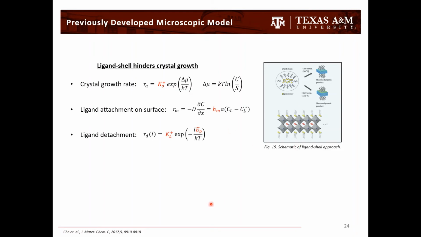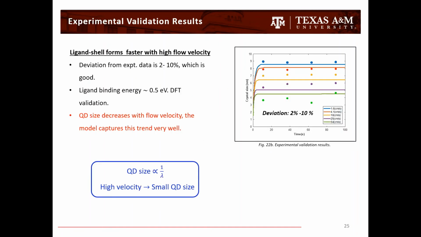And you can read it in our previous work in detail. But basically what it says is that the crystal grows at a certain growth rate depending on the concentration, and there is certain ligand shell formation which stops its growth. We had previously validated our model experimentally as well, and the experimental validation was very good.